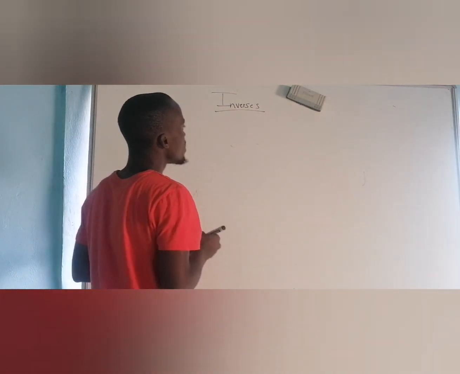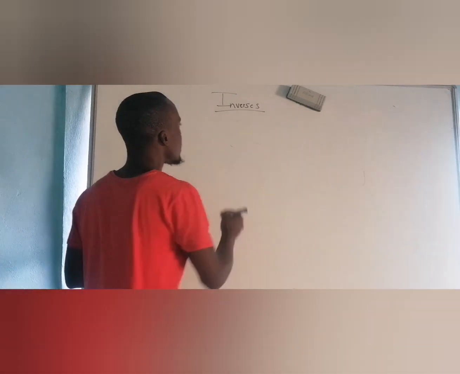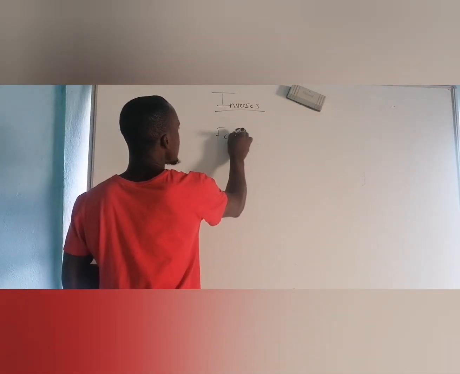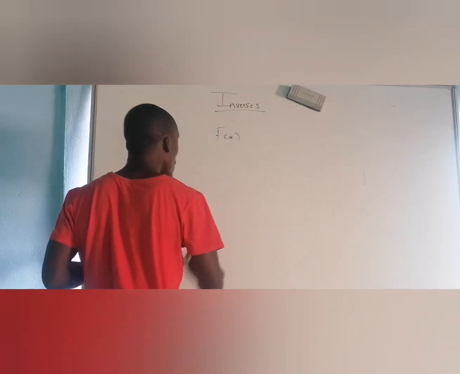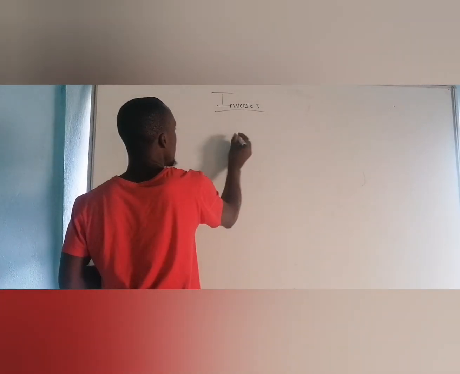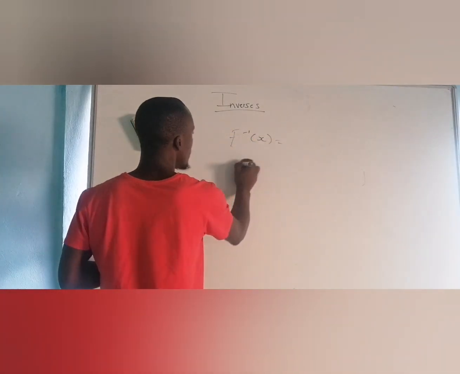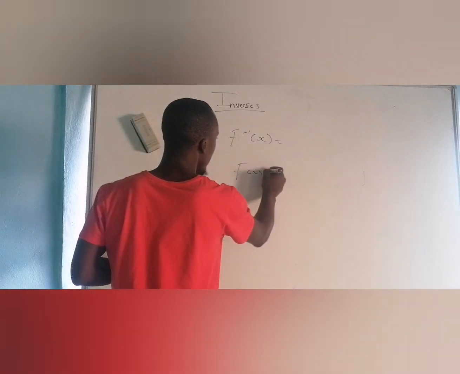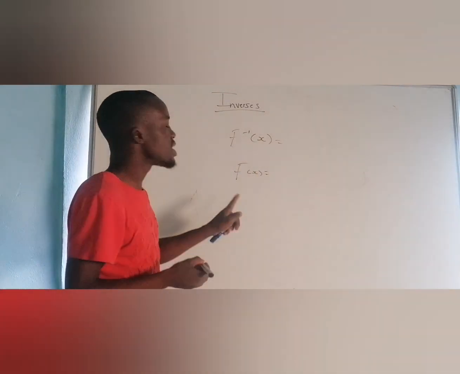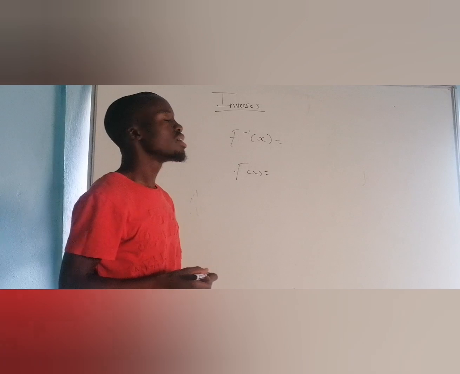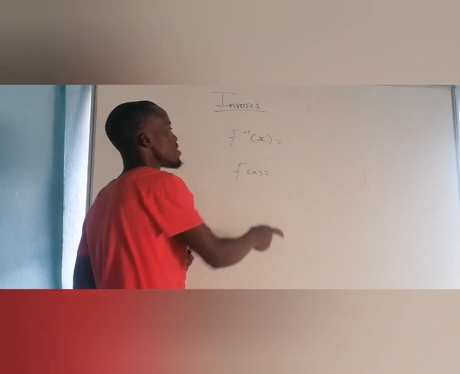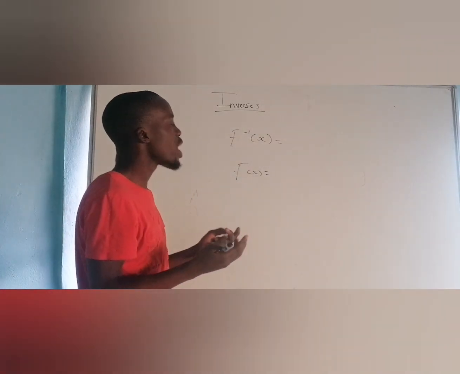The most important thing here is that they can give you something as f of x. Let me just talk first about the notation of the inverse. You know that a graph is represented by f of x. We know that f of x is also y, even if it can be y of x.